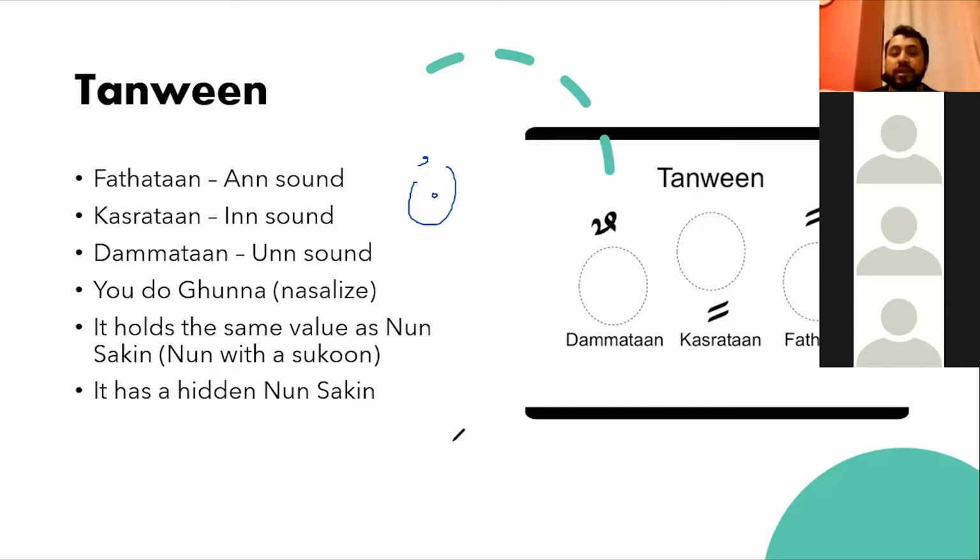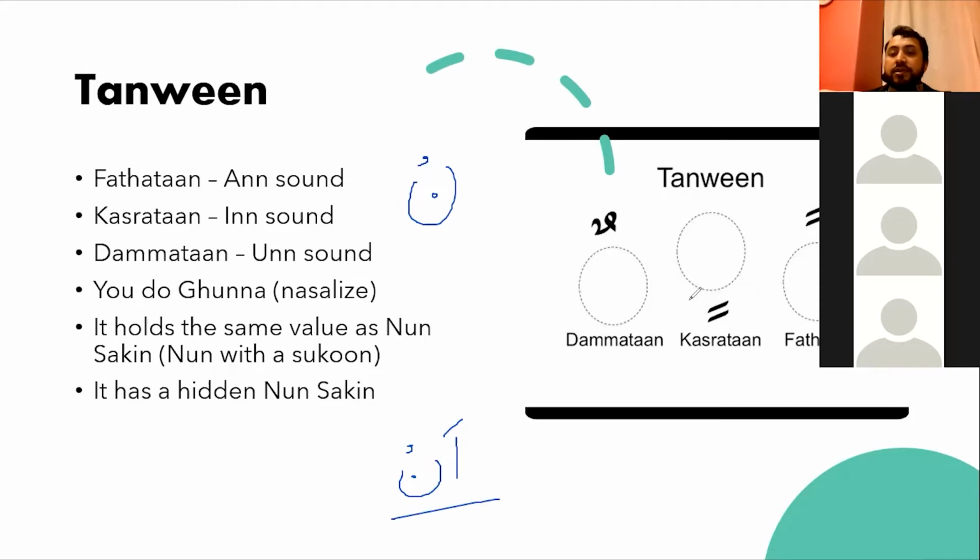So for example, if we had this, alif joined with a noon, how would we recite this? Gianni, how would we recite this here? An, excellent.